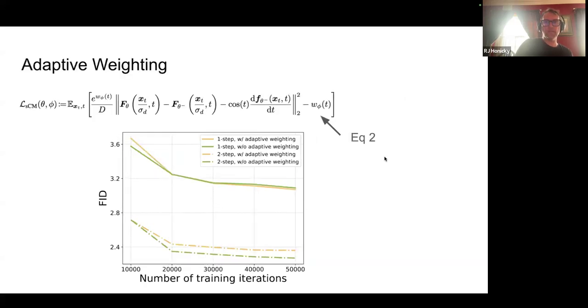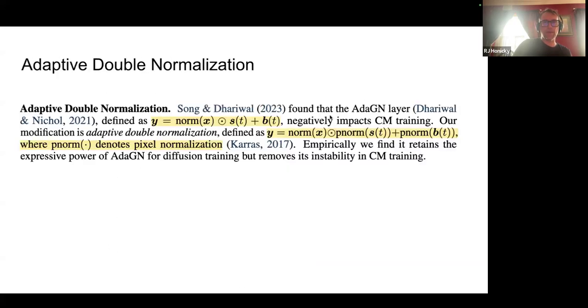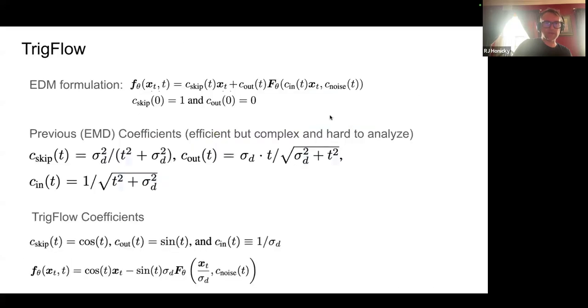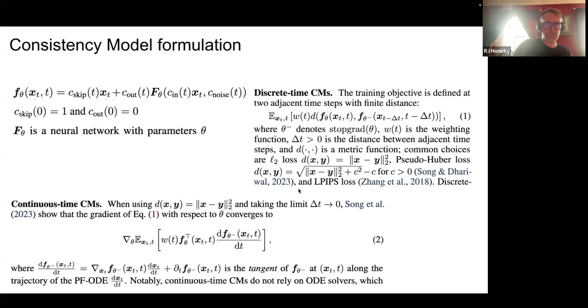And then finally, they have this adaptive weighting. Basically, I think all you need to understand is they throw this weight value into the loss function. This is a loss function for the optimizer when they're doing the gradient descent. And that comes from somewhere right here. So this is our gradient, and this weight term isn't here.